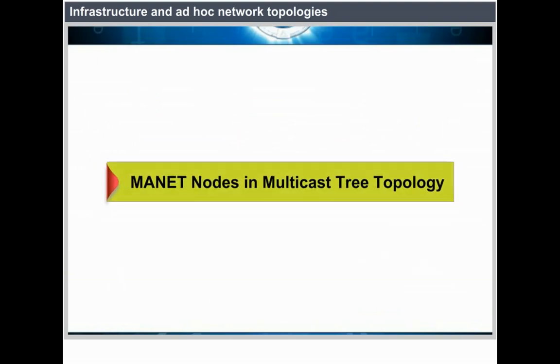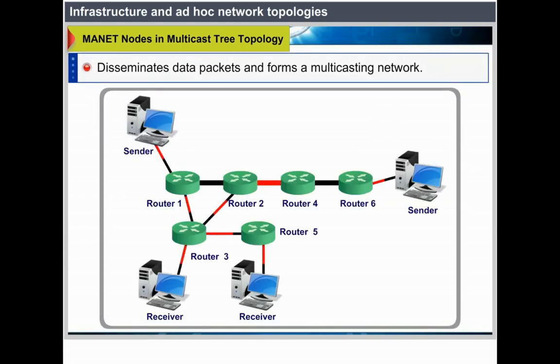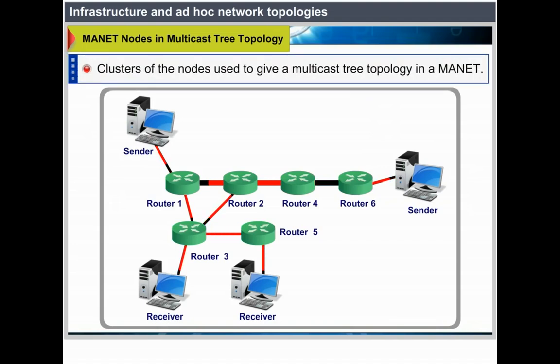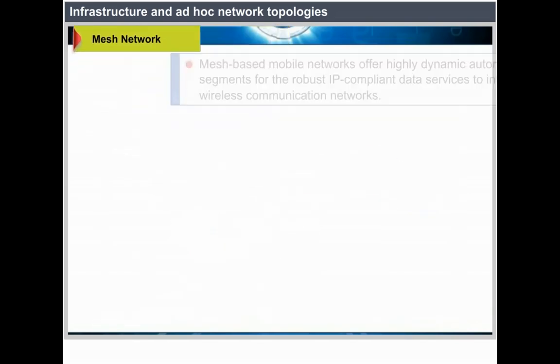MANET nodes in multicast tree topology. Disseminates data packets and forms a multicasting network. Clusters of the nodes are used to give a multicast tree topology in a MANET. Mesh network.